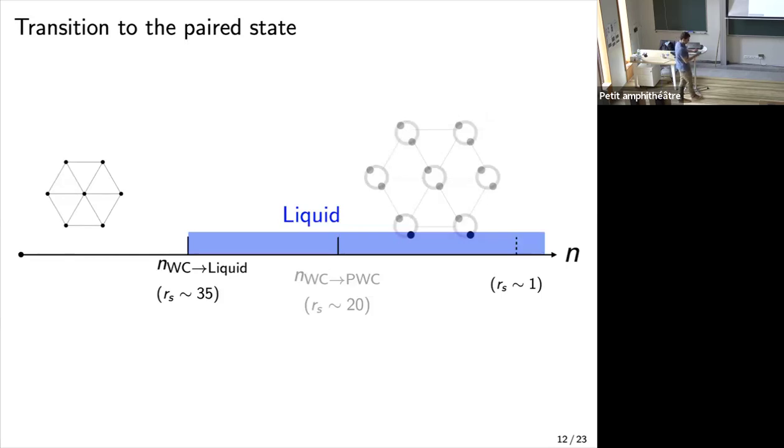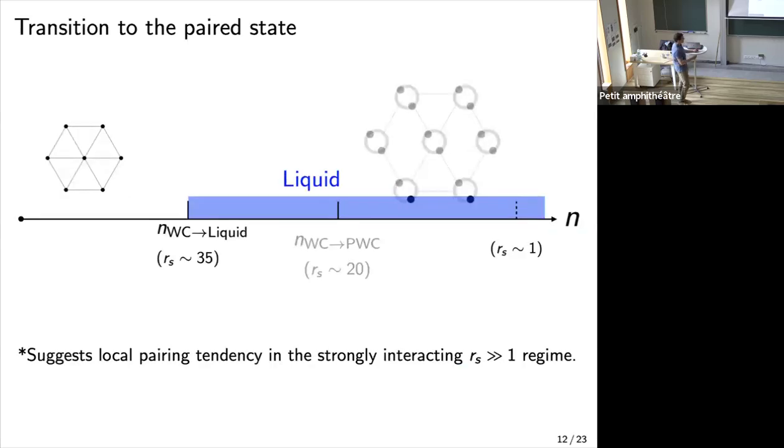And so it seems that at least in the ordinary two-dimensional electron gas, there's no room for this kind of paired Wigner crystal state. But I think this is still quite interesting. The reason I think it's interesting is that this discussion suggests that there is still some kind of local pairing tendency in the strongly interacting large rs regime.